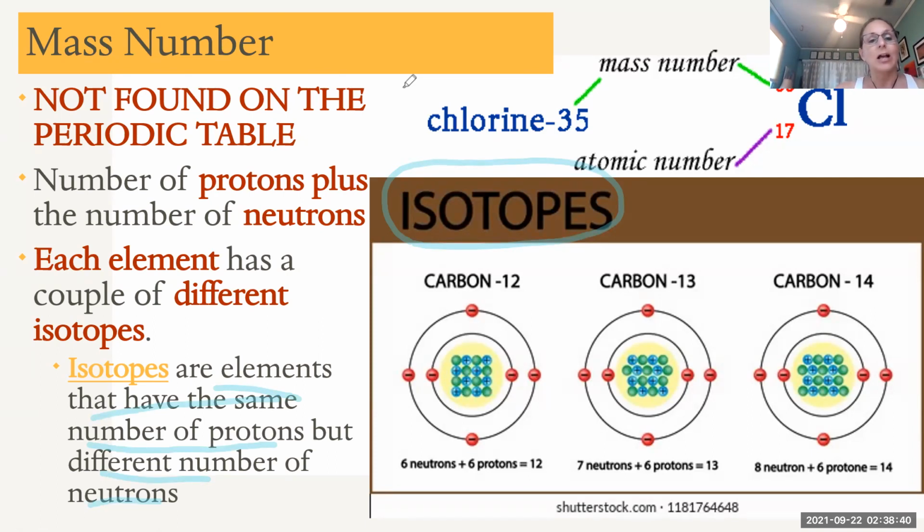All elements have isotopes. Each element has a couple of different isotopes, and an isotope has the same number of protons and a different number of neutrons. How do we find out the number of neutrons in an element?